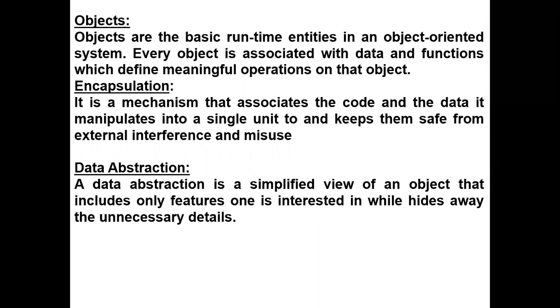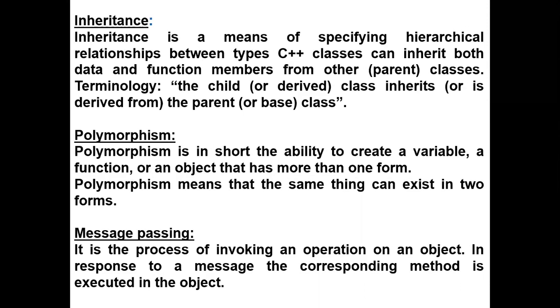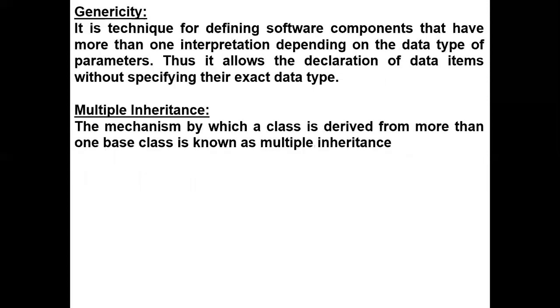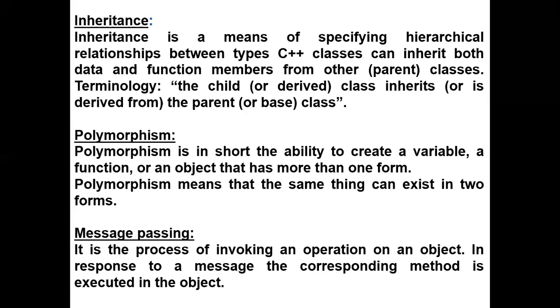Next, we will see the object-oriented elements. In object-oriented elements, the main things are objects, classes, encapsulation, abstraction, inheritance, polymorphism, message passing, extendability, persistence, and delegation. Genericity and multiple inheritance are also there.